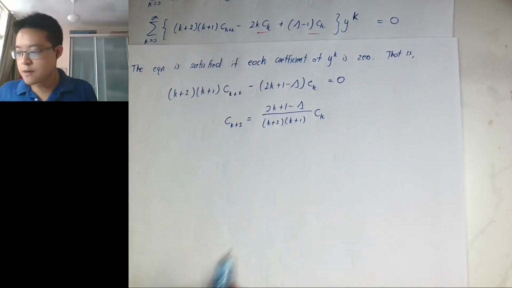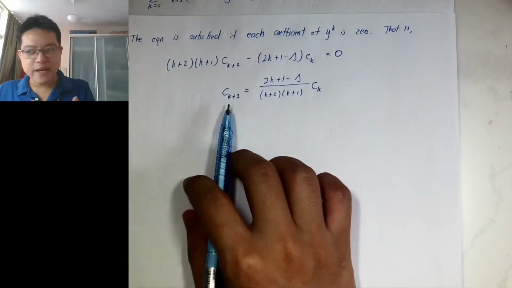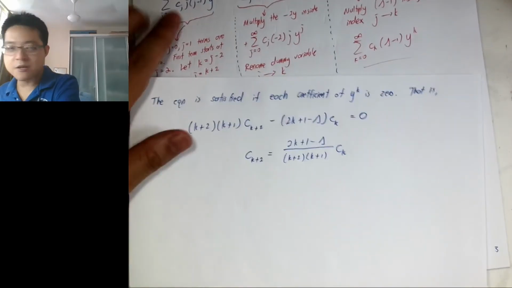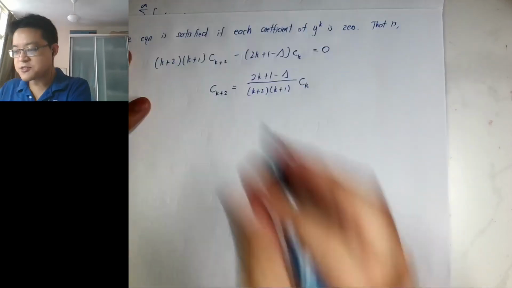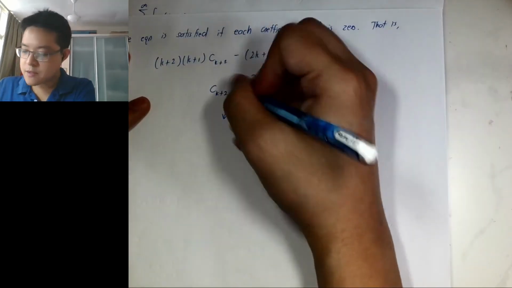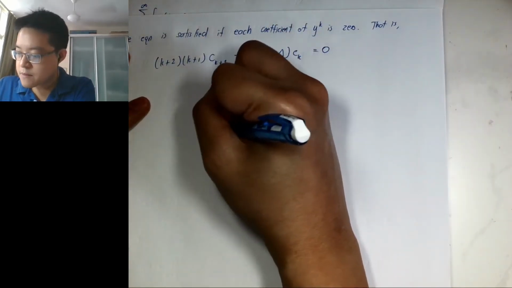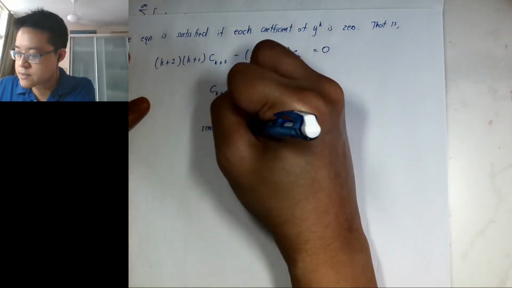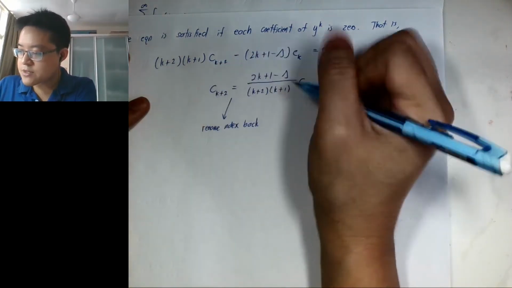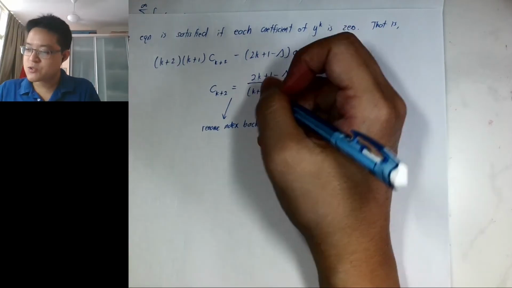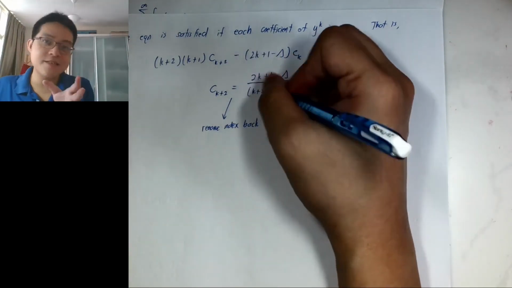Okay, but this is in terms of k, right? Our original expression was using j, so let's just change it back. Rename the index back. This one is not important, it's just your personal taste.